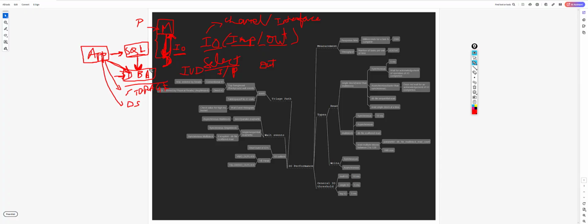And further, if the database is still not responding well, then we need to check the storage layer, right? All these layers are interconnected. So the database is residing on top of the OS, and the OS has all these storage devices attached to it.